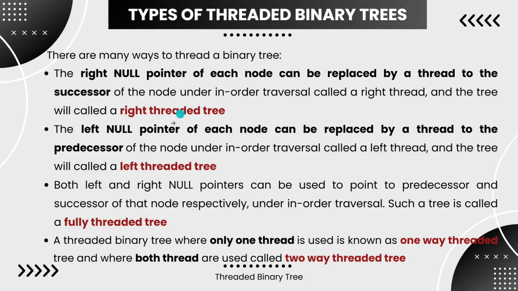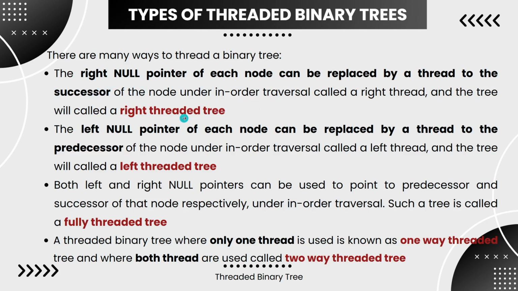So, these are the types of threaded binary trees which you normally find in many of the textbooks. One is a right threaded tree, the other one is a left threaded tree, and we have a fully threaded tree as well. First, let us see what a right threaded tree means. Here, as I said, we will be replacing null pointers in the node's right child pointer by a thread to the successor, and that helps with in-order traversal.